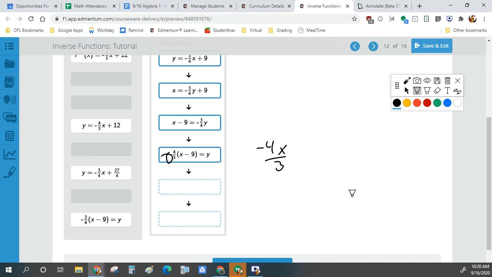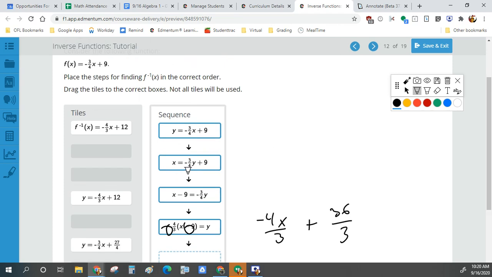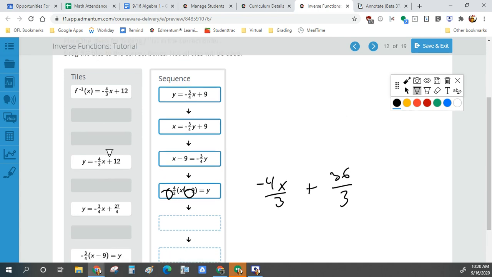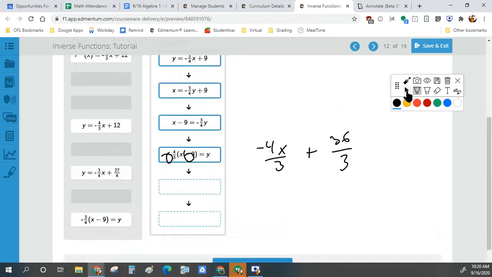And since this is a negative times a negative, we're going to get positive 9 times 4 is 36, and we're going to divide that by 3. So from there, we end up getting this 12. So they are skipping a few steps here. I'm not a big fan of that.